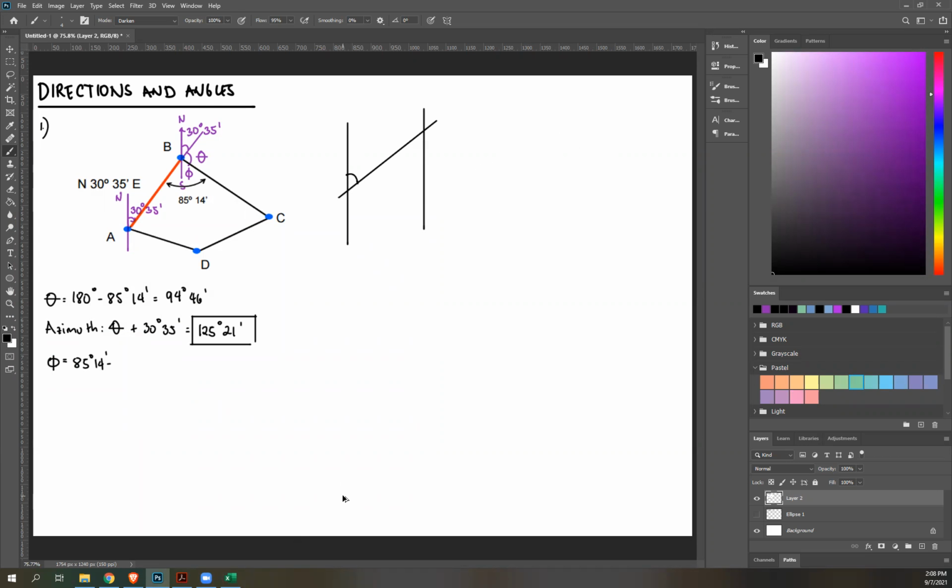So that is also 30 degrees 35 minutes. Please solve. What's the answer? Correct. Kian, Geraldine, Lazaro, Kiben.